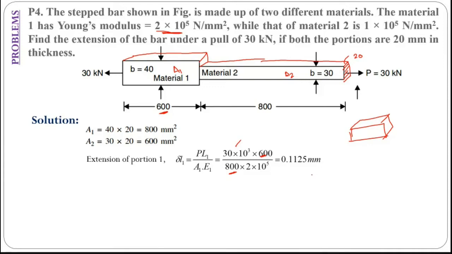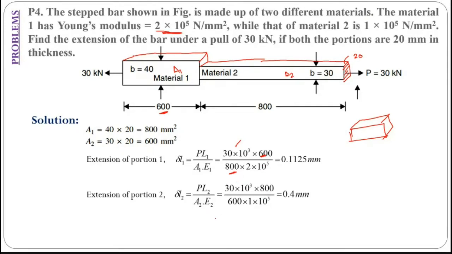Similarly, let us identify del L2. Del L2 is again PL2 by A2 E2. P is the same, 30 into 10 power 3. L2 is 800 in this case. A2 is different, which is 600, as we already identified. And E2, the Young's modulus for this, is 1 into 10 power 5.